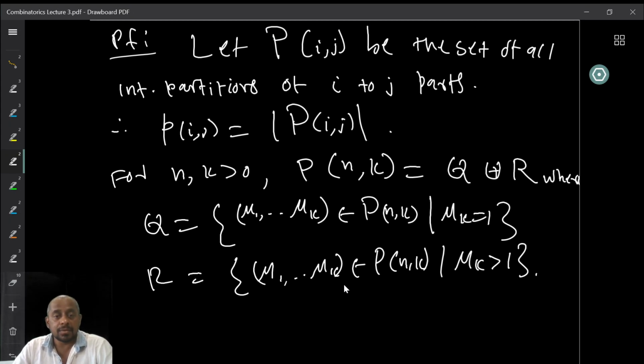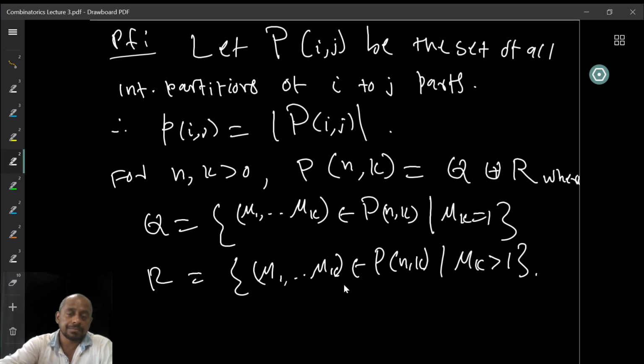But now, again, this is also a bijection. Why? Because you take any partition of n minus k into exactly k parts, I can add 1 to each of the parts and I will get a partition of n, and because I added 1 to the last part, that last part will be strictly greater than 1, and therefore that belongs to R. It's a partition of n into k parts.